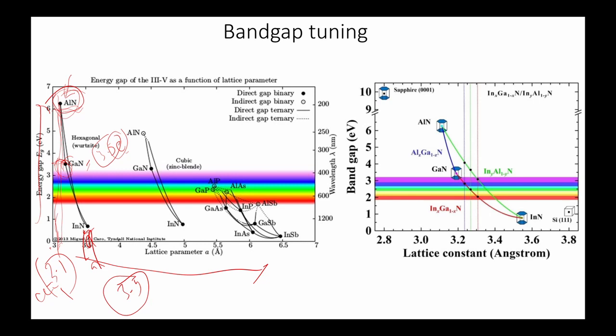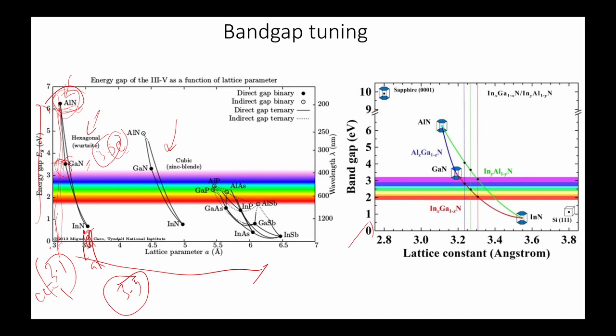Another thing is that the hexagonal and cubic structures of aluminum nitride show different band gaps. Now what we will see is how we can tune the band gap of the semiconductor.